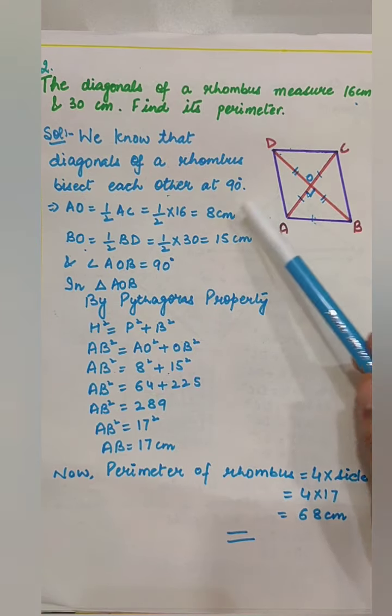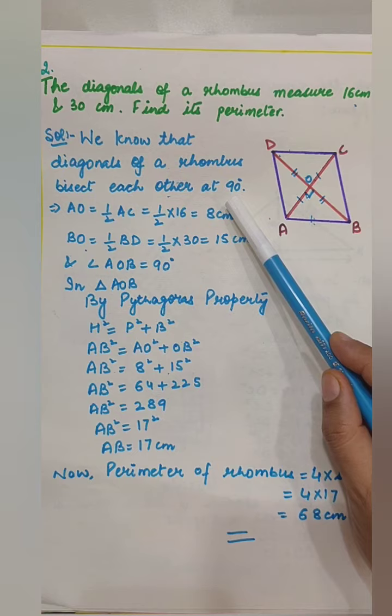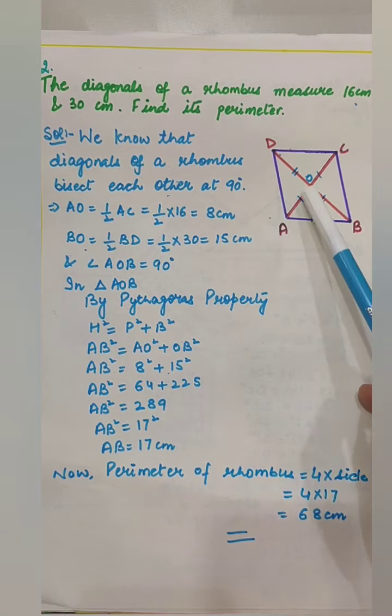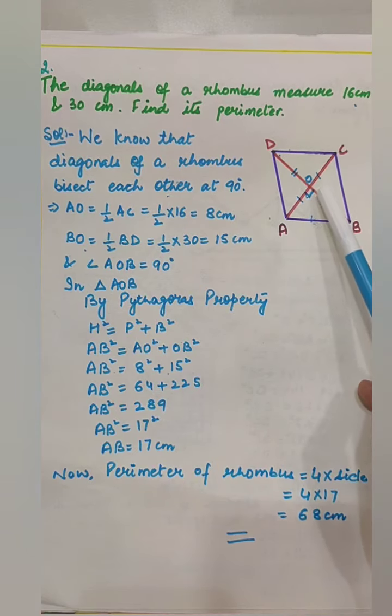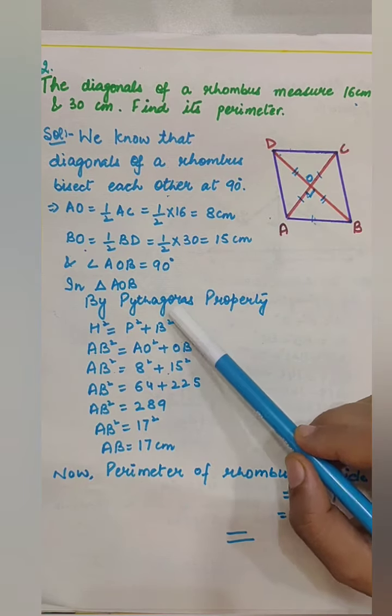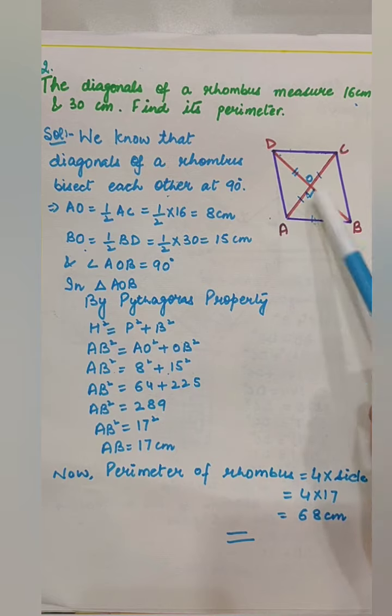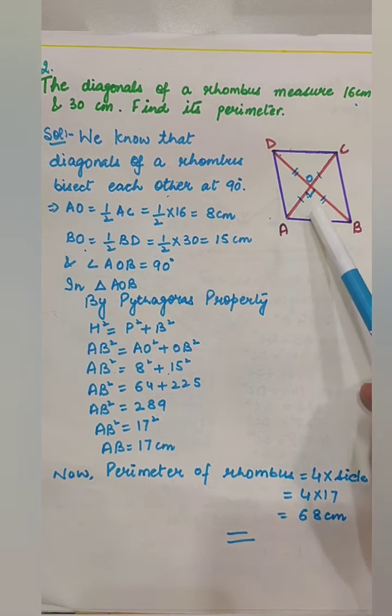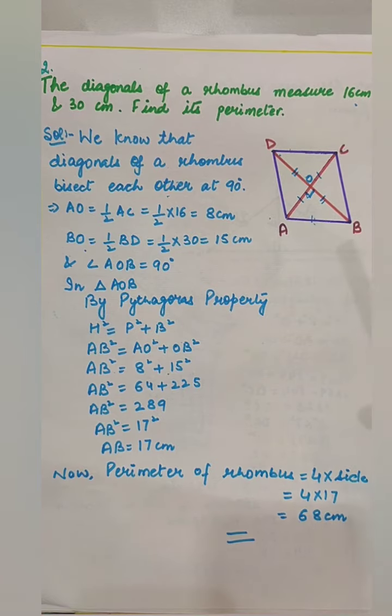It is also given that diagonals bisect each other at 90 degrees, so all these angles are 90 degrees. We will apply the Pythagoras theorem in triangle AOB because now one angle is 90 degrees and it becomes a right angle triangle.